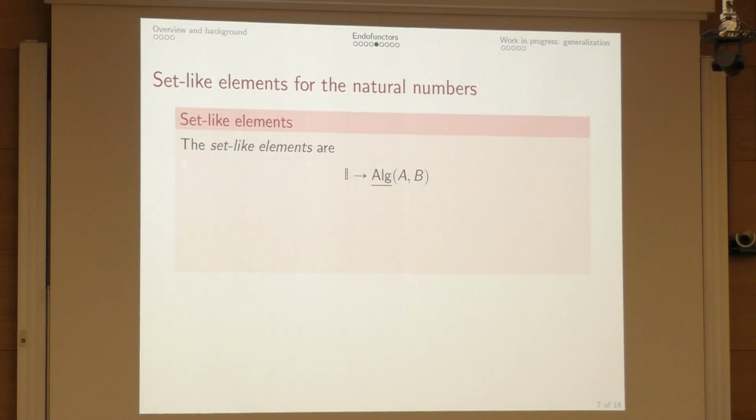So in our particular example of natural numbers, again, the set-like elements are this, which we know by categorical nonsense is just going to be, the points like this are just going to be alg-AB, non-underlined, by which I mean the algebra homomorphisms, the set of algebra homomorphisms. So our unit here, our modal unit, is built on top of the modal unit of set, so its underlying set is just a singleton.